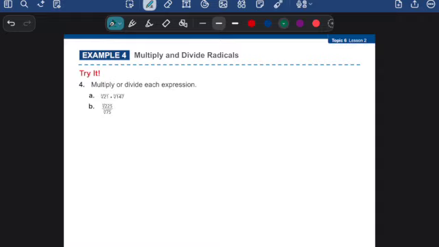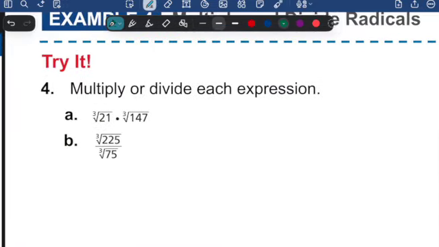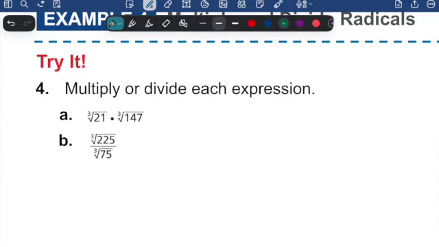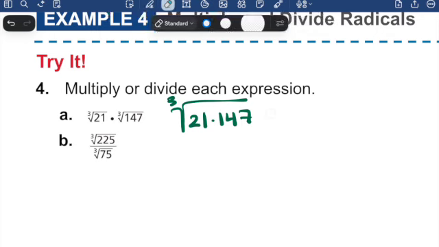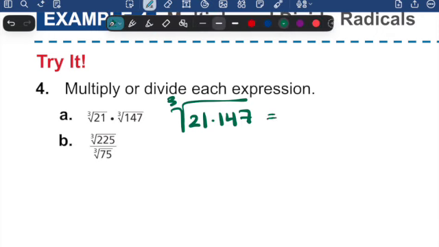Try it number 4. We're going to multiply or divide. For part A, they both have cube roots, so we can multiply and put it all under one radical. I'm going to have 21 times 147. That equals the cube root of 3087. Now we have to think, are there perfect cubes in there?